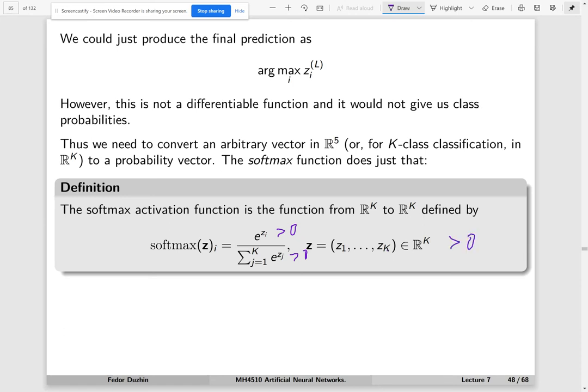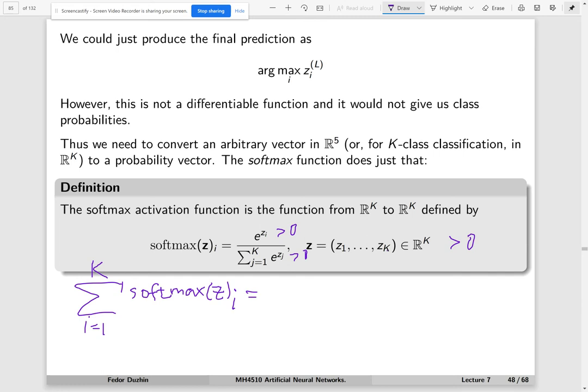Now let me verify that if I take the sum of entries of the softmax function, softmax of z, where z is a k-dimensional vector and softmax of that is also a k-dimensional vector. Let me add them together to see whether I will indeed get one.